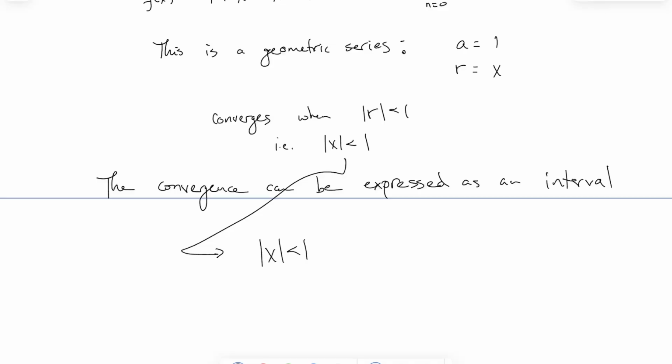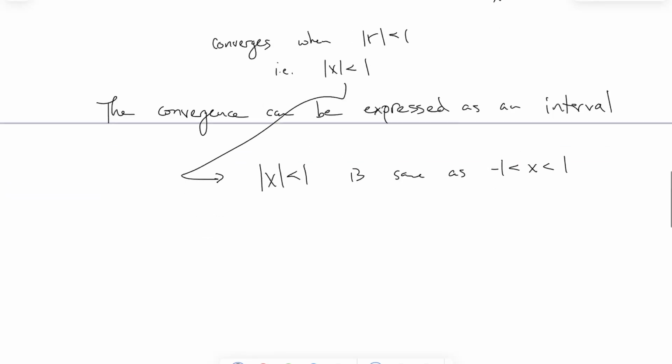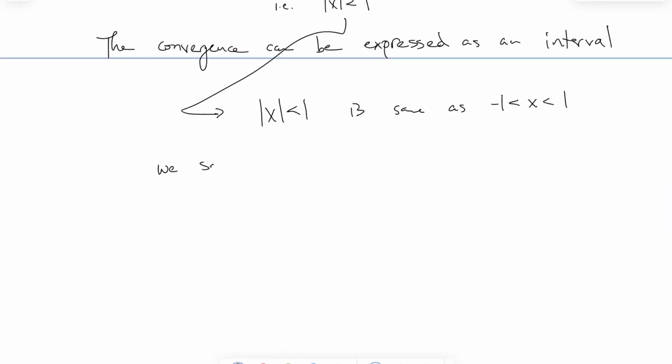Absolute value of x less than 1 is the same as this. When I say the absolute value of x is less than 1, that just means x is between -1 and 1. And thinking of it as an interval then, this is called the interval of convergence.